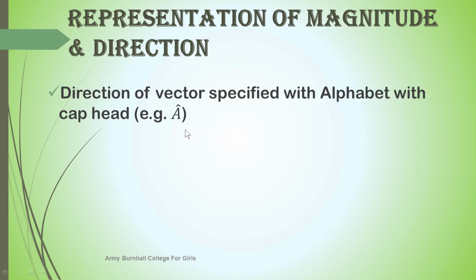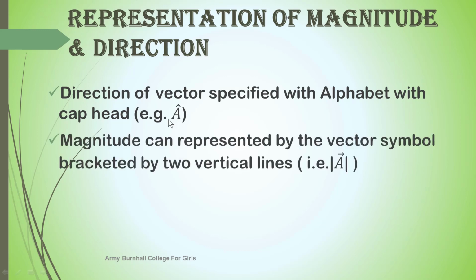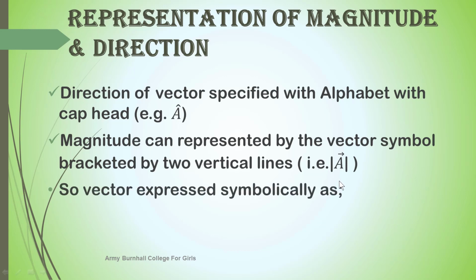We can specify the direction by using a hat, or a cap, whatever you want to call it. This represents the direction of the vector. Magnitude can be represented by the vector symbol bracketed by two vertical lines.